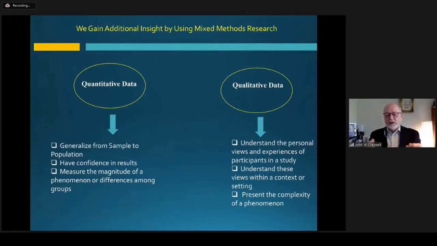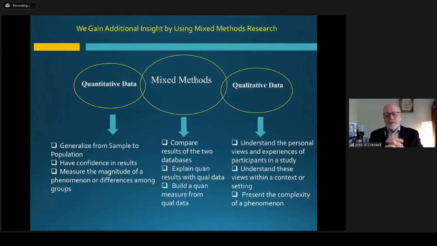Understanding the views and experiences of participants, understanding those views within a particular setting where they're living, working, where the problem occurs. And we try to explore one key concept called a central phenomenon in more detail. So we come up with very good quantitative and qualitative results.